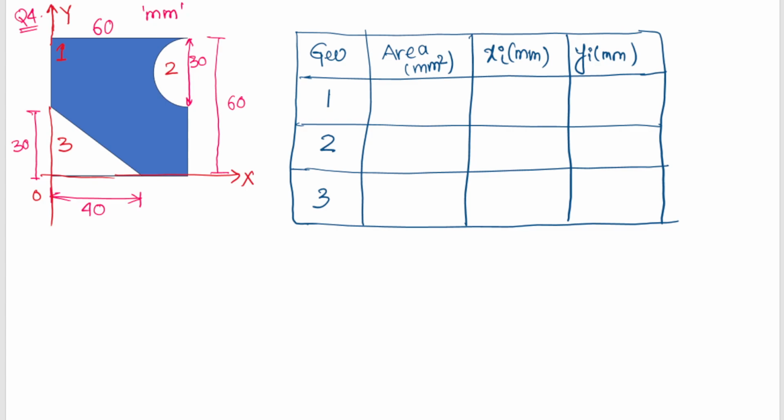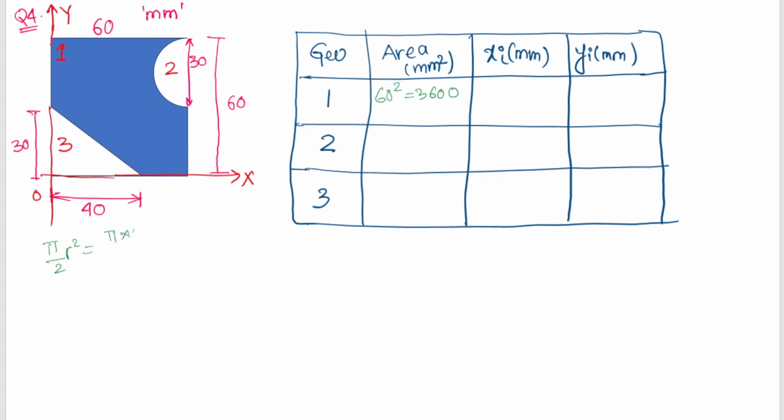Let's fill the values. The area of geometry 1 is a square of side 60, so this area is 3600 square. Now the area of the second geometry, a semicircle, is pi by 2 r square. If the diameter is 30, the radius will be 15.